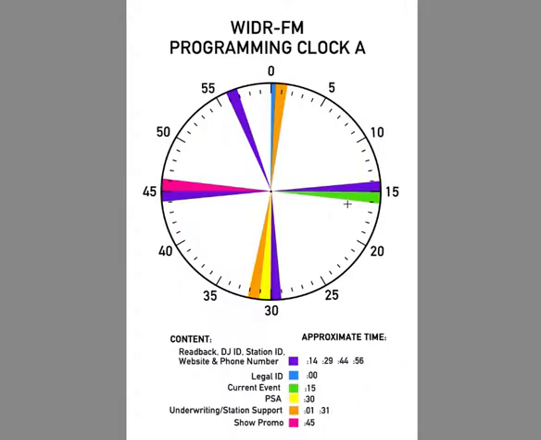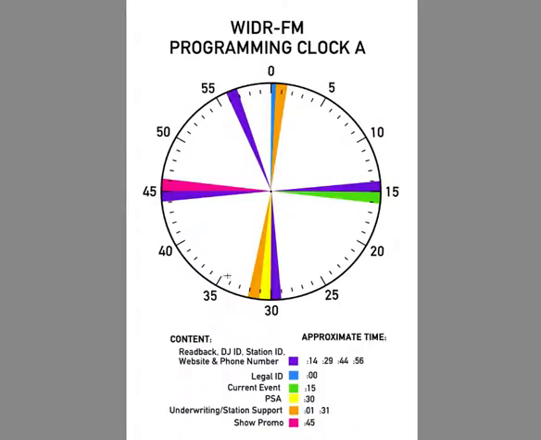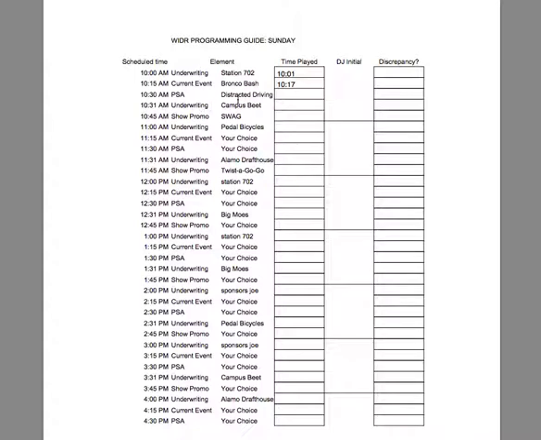All right, so then I'll go through, play some more music, do my readback. At the bottom of the hour, I'll play a PSA, and as I was playing my music, I checked that at 10:30 I had to play the distracted driving PSA. So I'll go into iTunes, and under PSAs, the PSA playlist, I'll find distracted driving, and I'll play that. And after that, I should have checked this already, the campus beat underwriting.